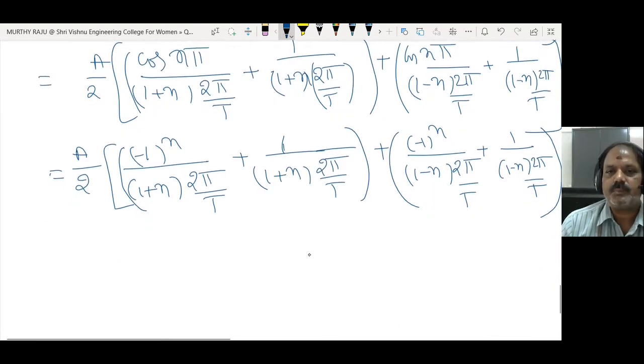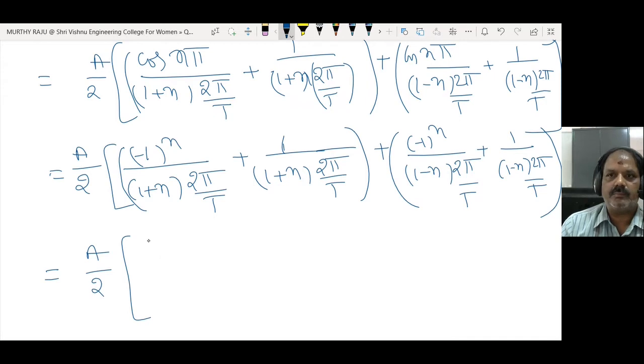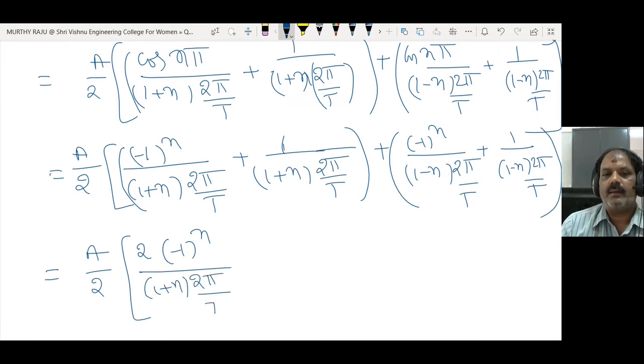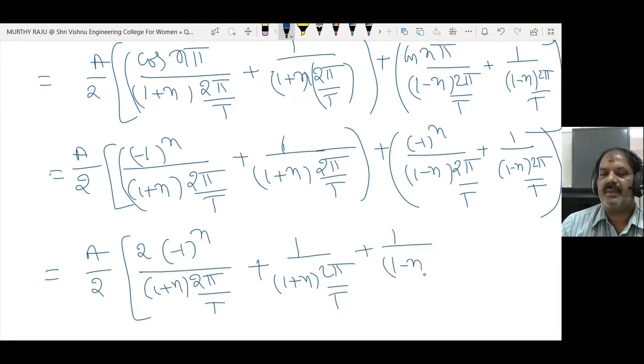Minus 1 whole power n is a by 2 into minus 1 whole power n by, this one is added, 1 plus n 2 pi by t by 1 plus n 2 pi by t, plus 1 by 1 minus n.